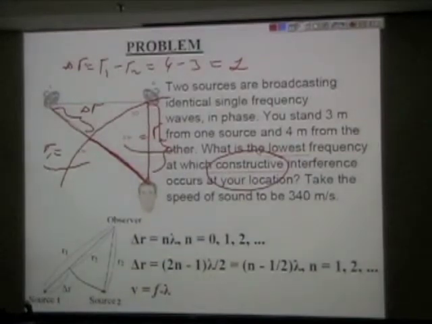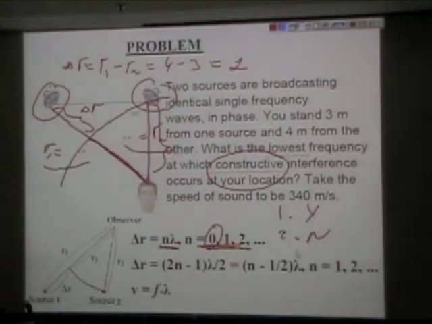For constructive interference, this is the condition we have to use. Now, for this situation, my question is yes or no? Can n be equal to 0? 1 for yes, 2 for no.